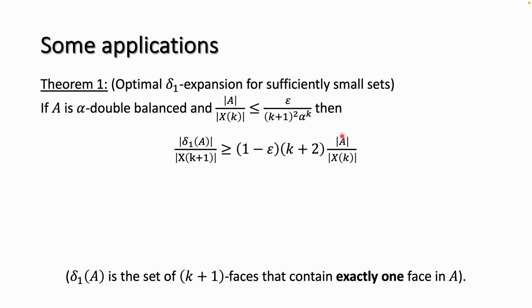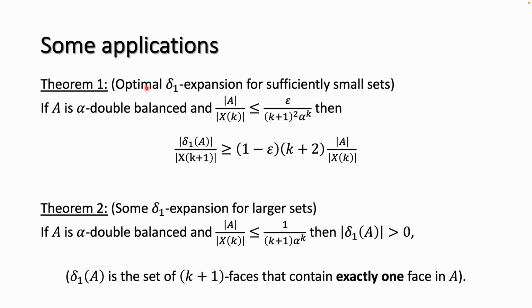You can calculate it, but the optimal thing we could hope for is that delta 1 of A would be k plus 2 over this fraction of A. We get almost optimal, so it's 1 minus epsilon this quantity. So for sufficiently small sets, we get very strong expansion.